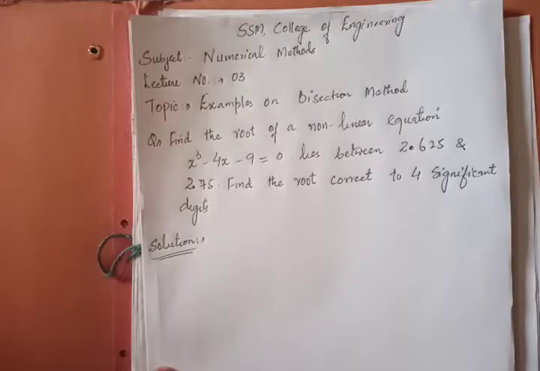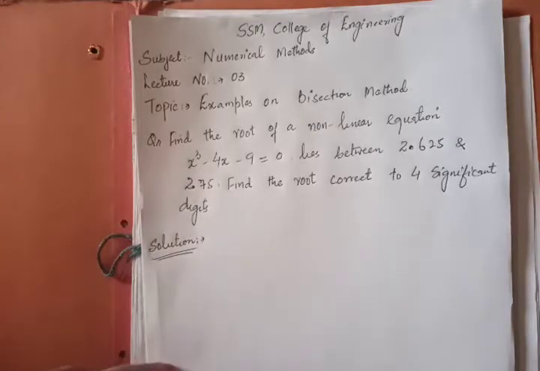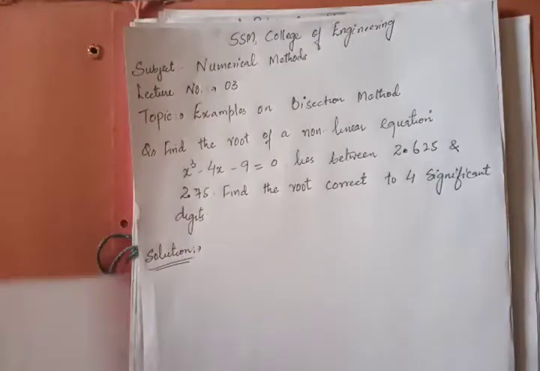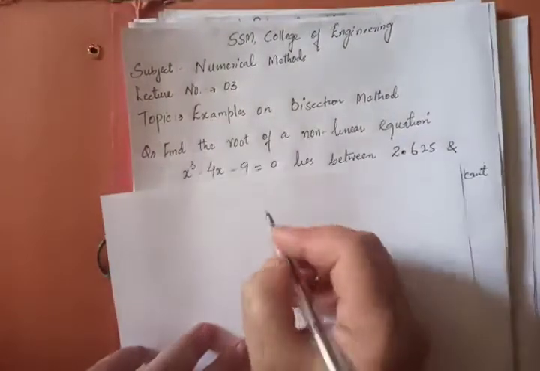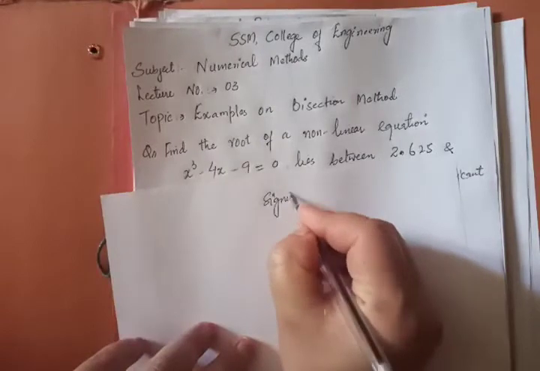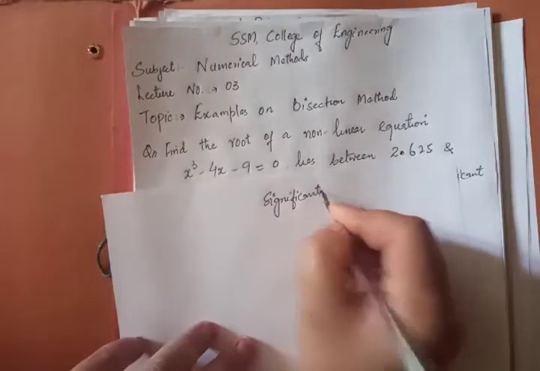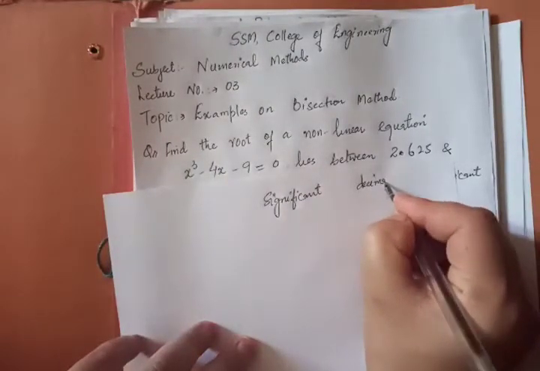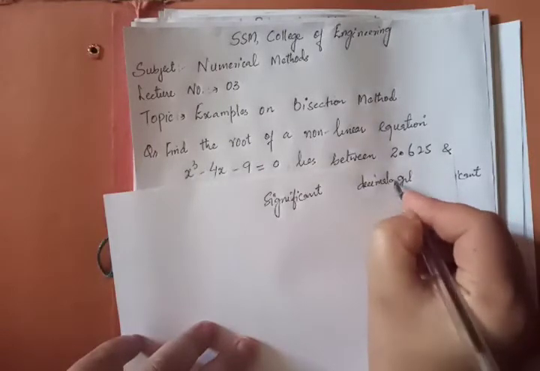Before we start following the algorithm and solve this, I would tell you one thing which is important. What do you mean by a significant digit, and what do you mean by a decimal digit?